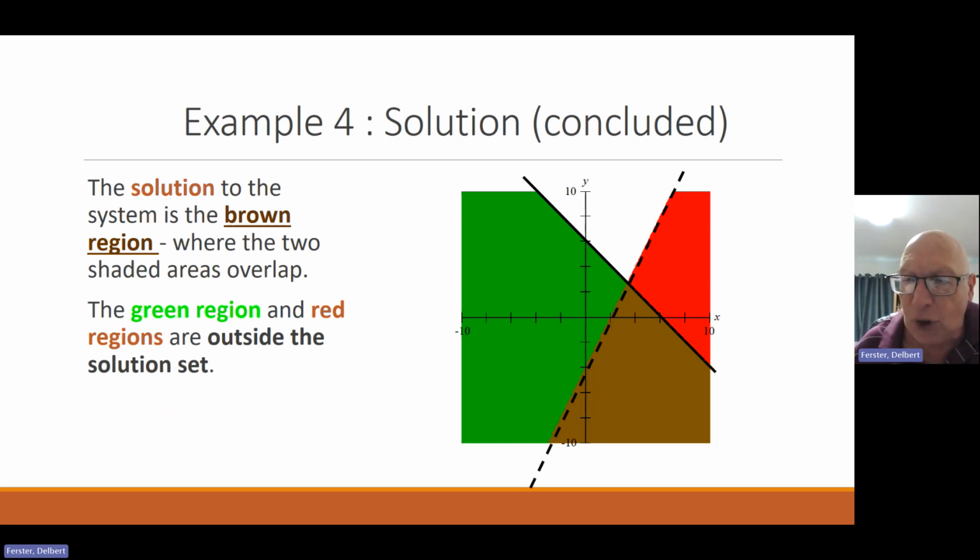And the portion of the grid that picks up both shadings is brown. Lovely color choices here, very bold and decisive. So the solution to this inequality, represented as you see the graph, would be the brown region. The things that are green out there on the extreme left edge don't solve the inequality.